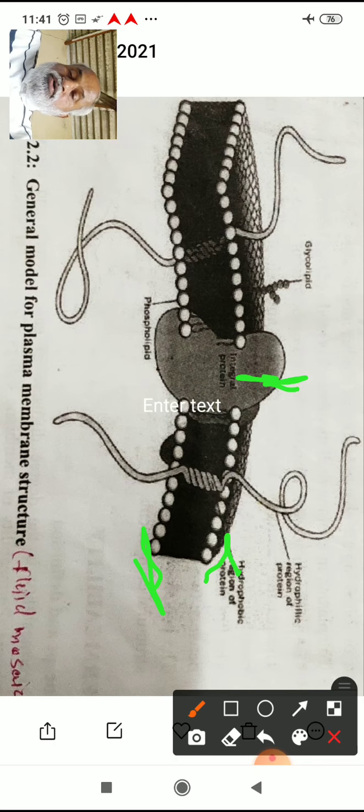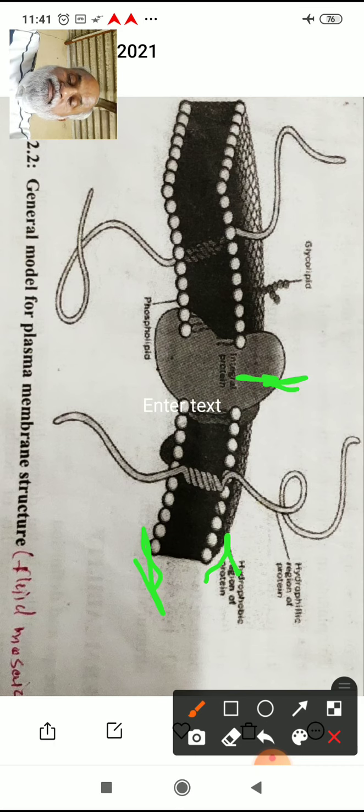Lastly, we will see the characteristics of this plasma membrane. It is made up of two layers of phospholipids. It has many proteins embedded in it.